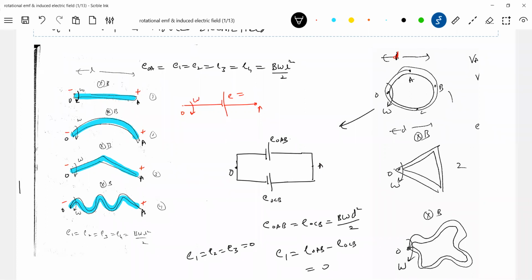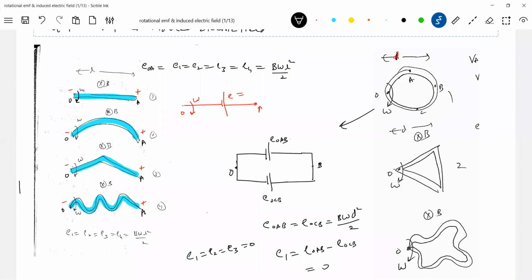What about potentials? Can we say anything about potential? This ring is rotating. We know B is at higher potential. This is B, and this is EOB. Let it be. O and B are the diametrically opposite ends I have taken. Now, can you say anything about potential? Not velocity, potentials.